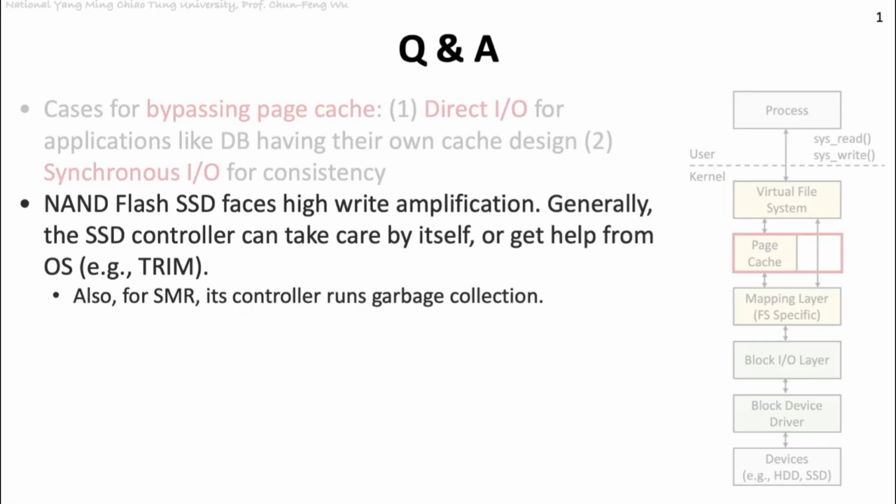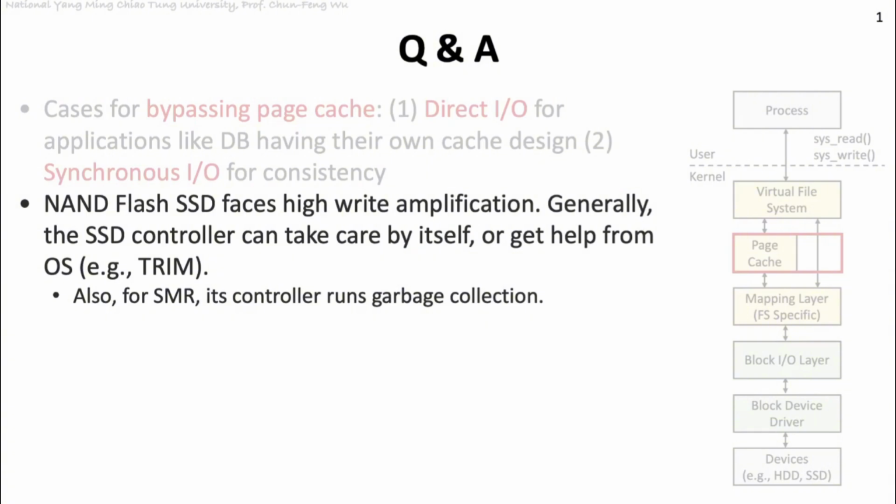For example, there is a command named trim from the operating system. The main idea behind the trim command is to send a hint. For example, if a user deletes some files, the trim command can send that information to the SSD controller. But without this operating system support, the SSD controller can still take care of all of the challenges in SSD. This is why we need the SSD controller.